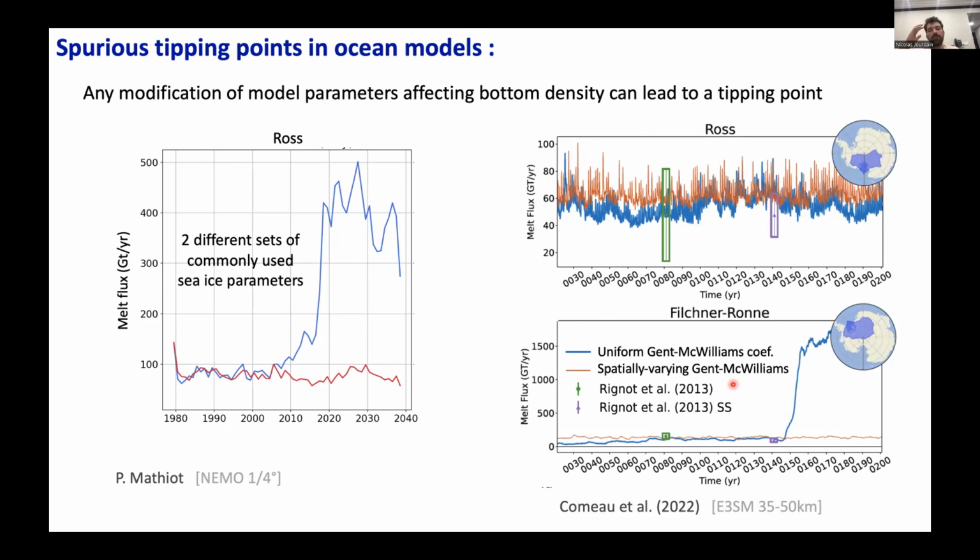And so these kinds of parameters can also affect the density of waters next to Antarctica, in the same way that sea ice parameters can also affect the density of water masses around Antarctica and then trigger a tipping point or not.